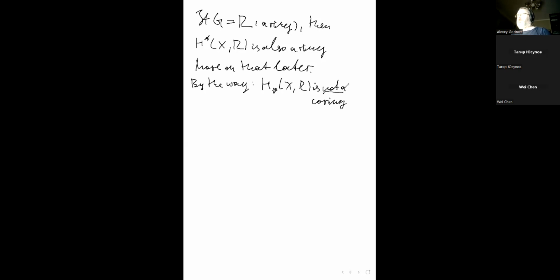And it so happens that the dual statement for homology is not true. So the homology with ring coefficients is in general not a co-ring, except when R is a field, then we get a co-algebra. But in general we don't.